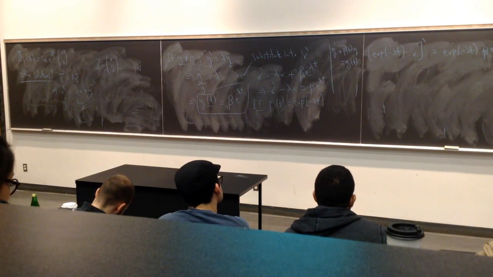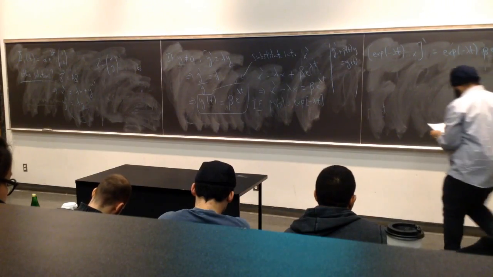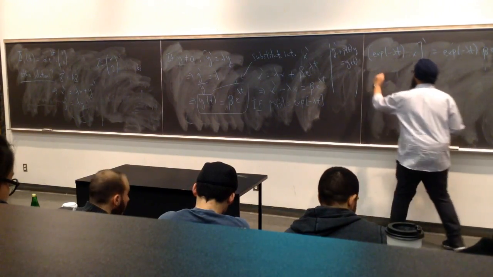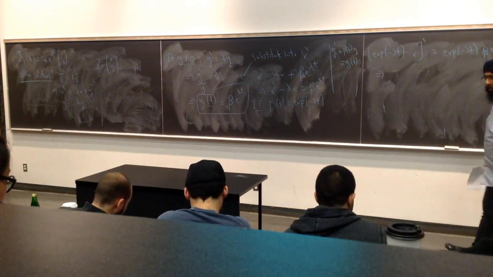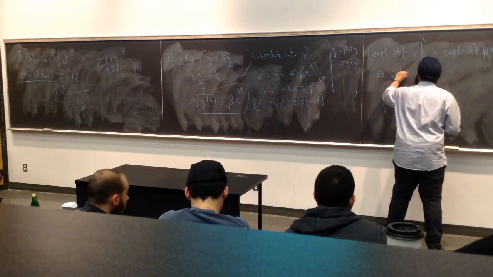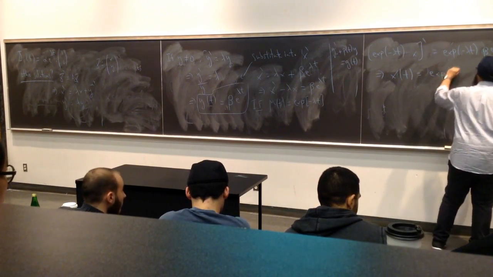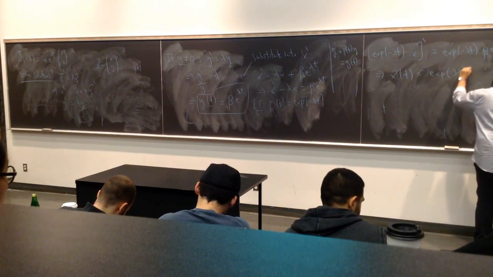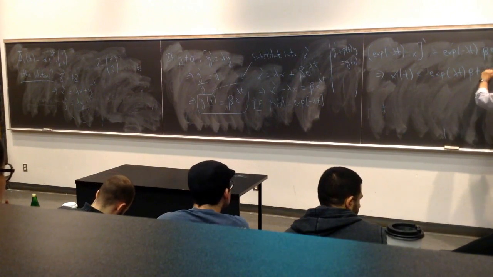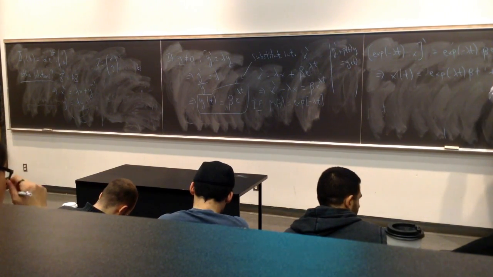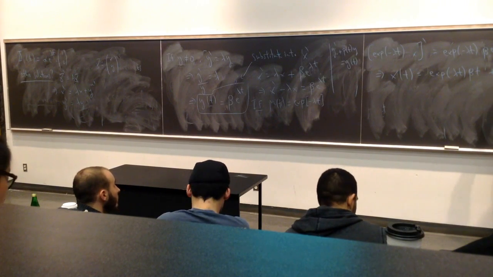Just by multiplying both sides of this. And then this is just trivial to solve because I can just integrate both sides. So x of t in this case is equal to exponent lambda t times beta t plus mu exponent.